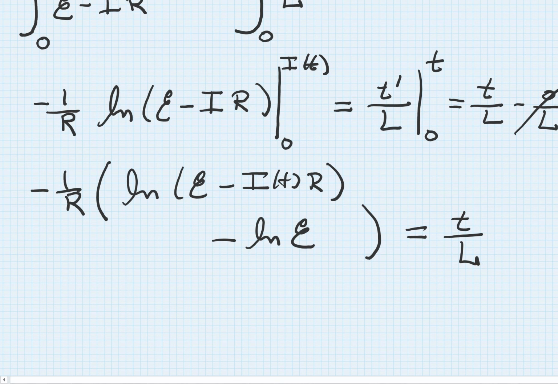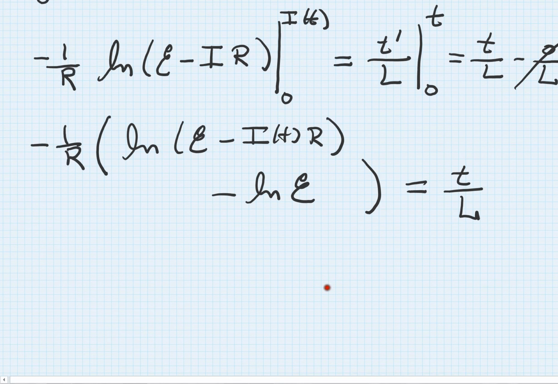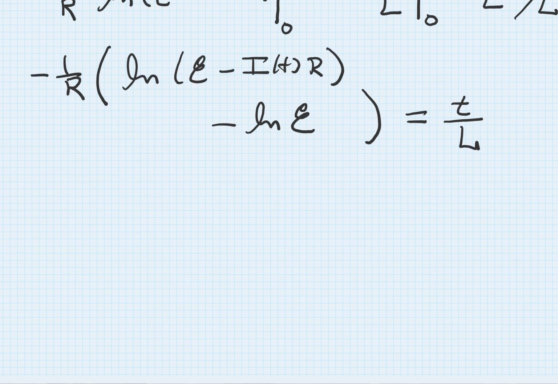And now you can solve this. Basically, we can almost do this in our head, right? We multiply through by minus r and exponentiate. When we do that, on this side of the equation, multiplying by minus r and exponentiating is going to give me e to the minus r over L times time t.